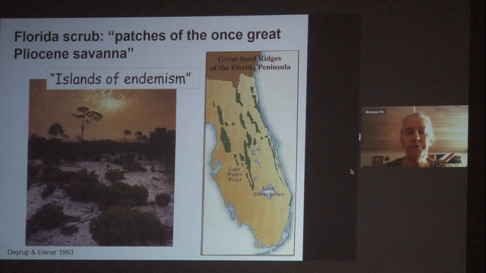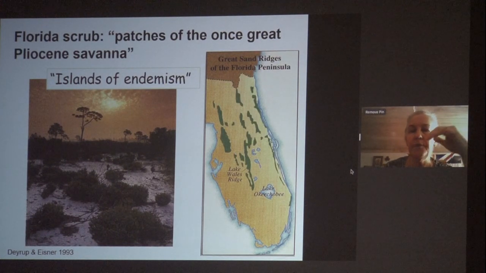The interesting thing about these scrubs on these ridges is that they're huge endemisms. So there are huge numbers of endemics, unique in all the world, plants and animals that exist on those ridges.